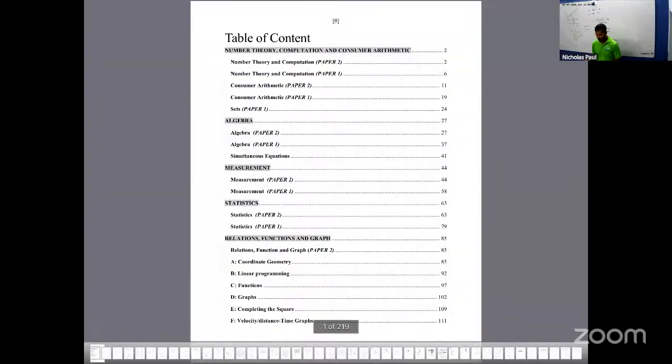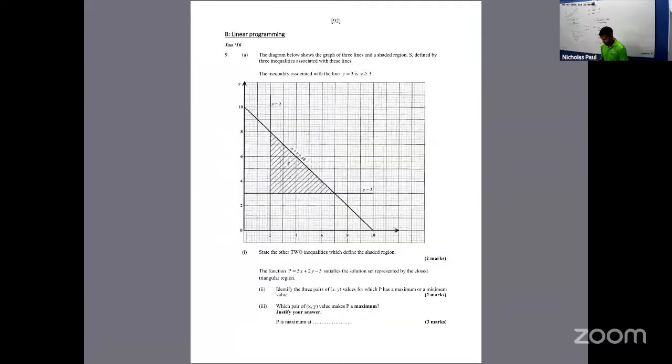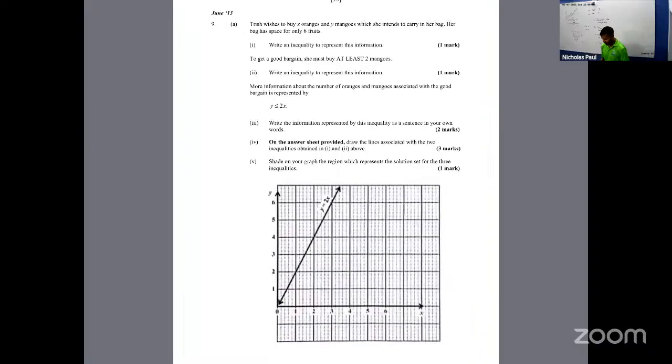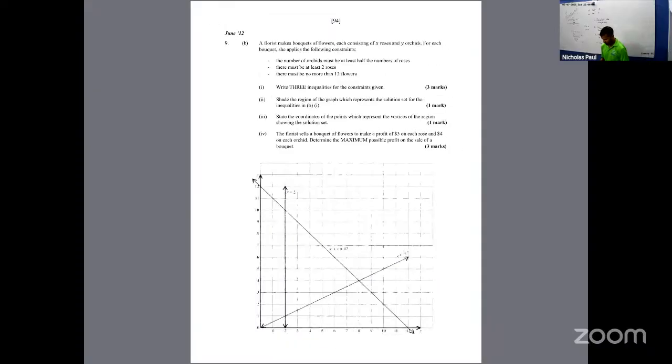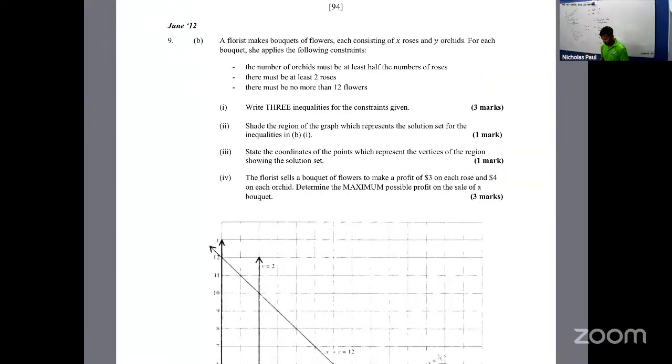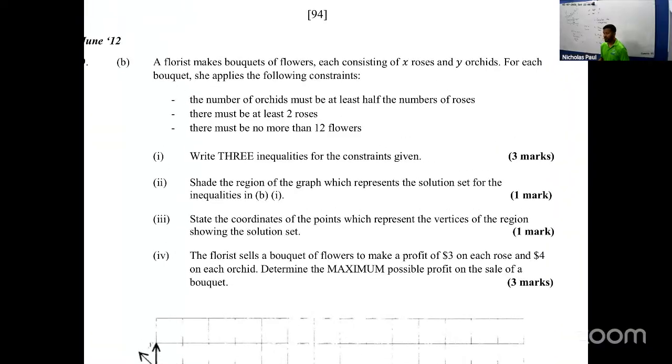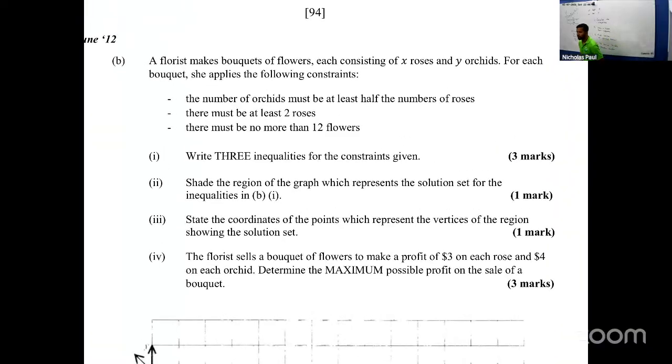Right, so the first one we will avoid using graph paper. All right, let's start here. Those who can see page 94, page 94 on top of my topic in case you can't see.